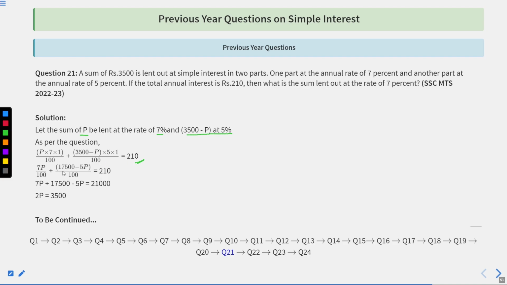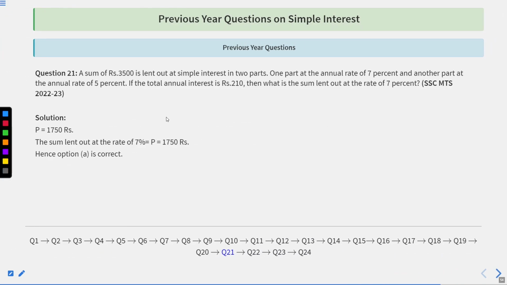When you simplify, you get 7P plus 17,500 minus 5P equal to 21,000. So 2P is equal to 3,500, so P will be equal to 1,750 rupees. The sum lent out at the rate of 7% is 1,750 rupees. So the correct option here is option A.